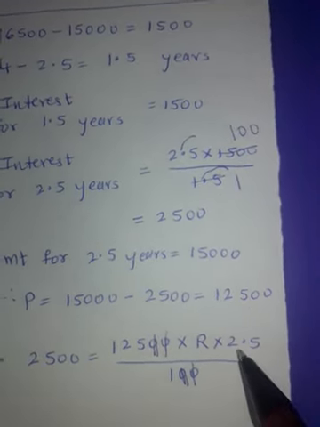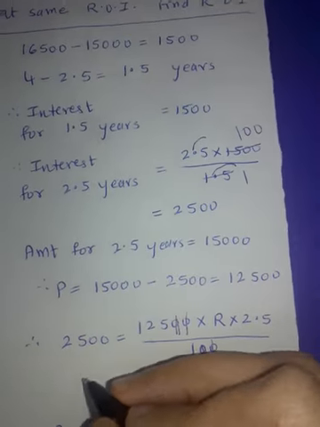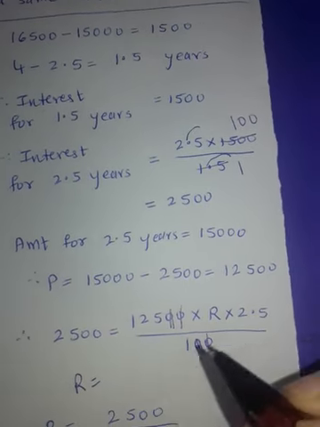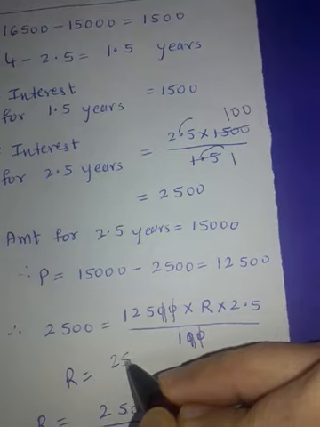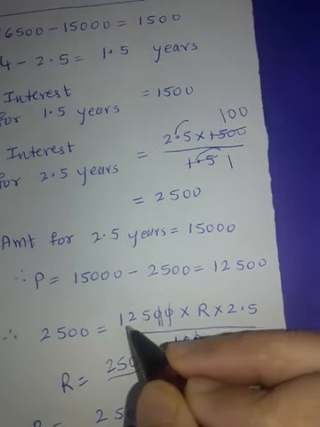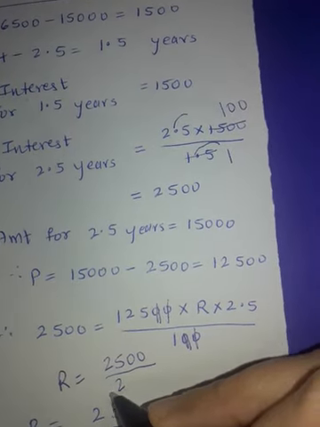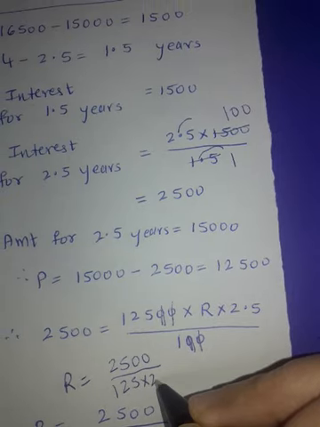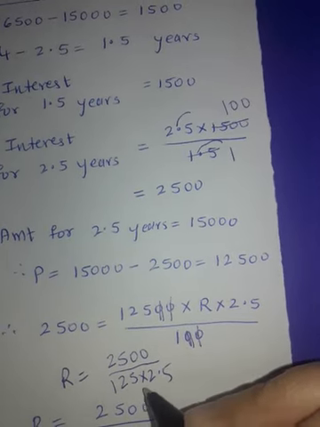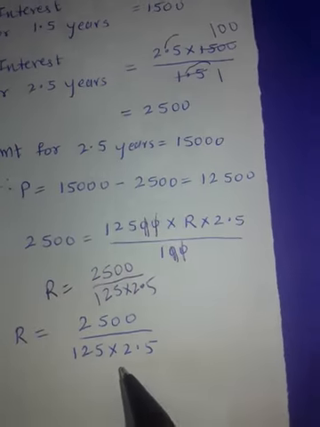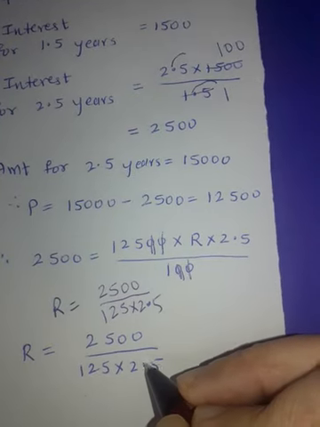Now this 125 and 2.5 will go to the denominator, like this. ये उठ के डिनोमिनेटर में आ गया इस तरह. And now how will you solve?